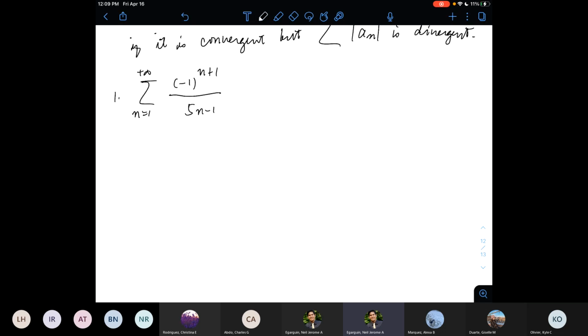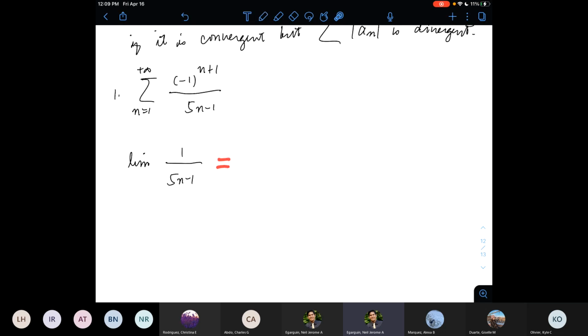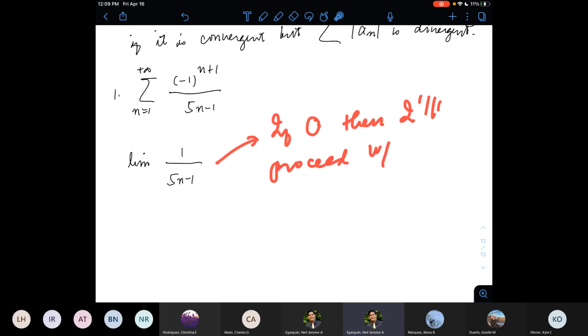All right. So for testing for absolute convergence, I always start by looking at the limit of the positive part. Because this is basically a two-pronged solution, a double-edged sword. If the limit is 0, then I'll proceed with the alternating series test.